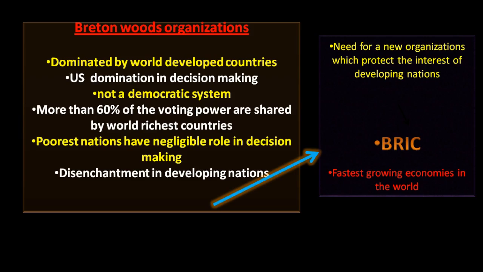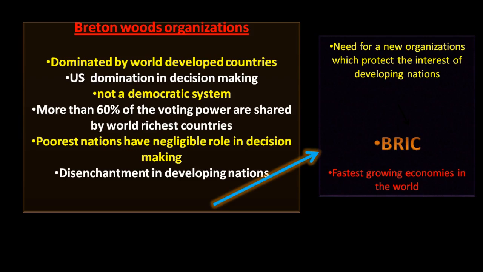During the time of the Bretton Woods Conference, the US had the dominant role in the world economy. But now the economic order is changing. Fastest growing economies like India, China, Russia, Brazil are emerging. But still, the Bretton Woods organizations are dominated by the US and other countries from Europe.